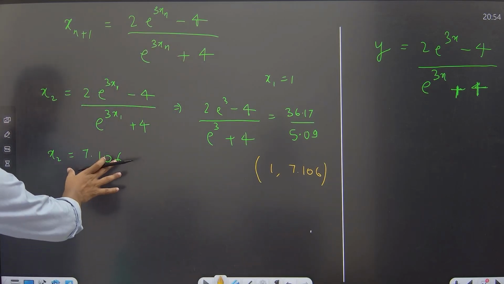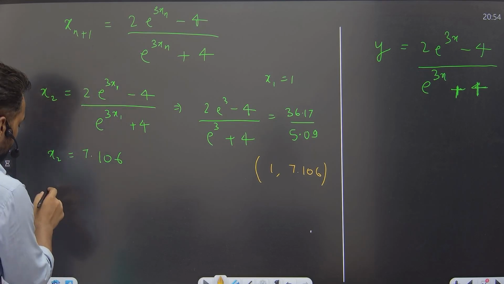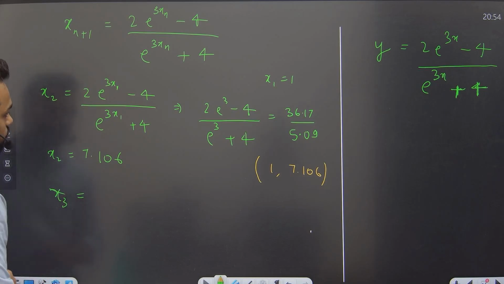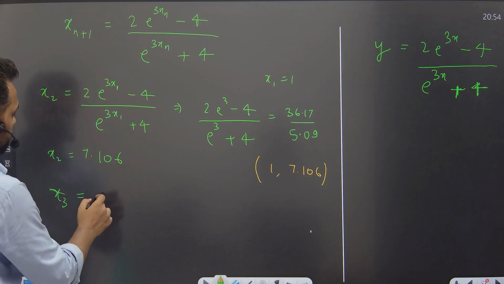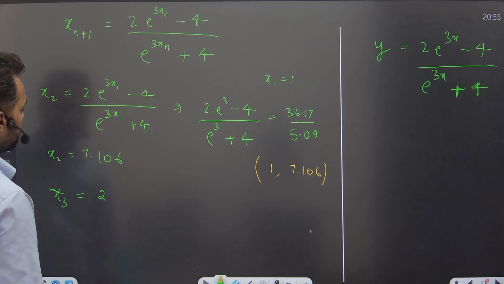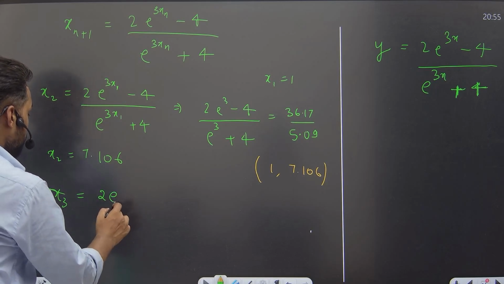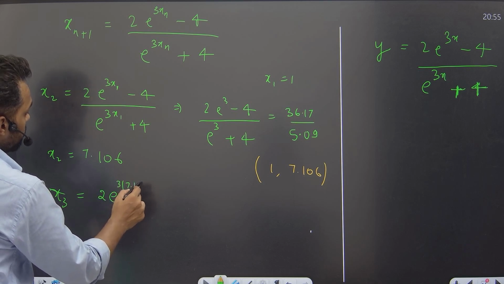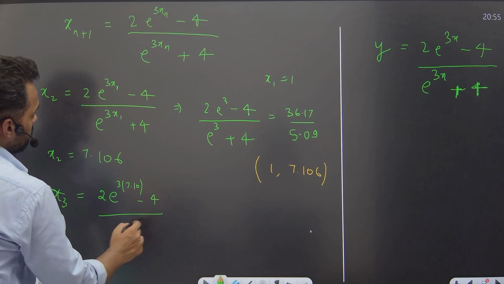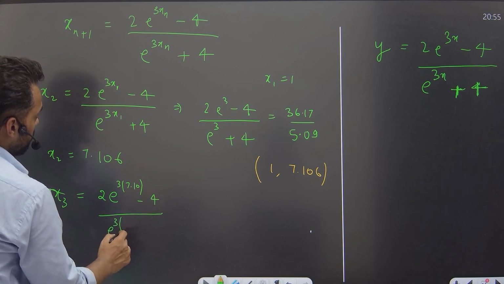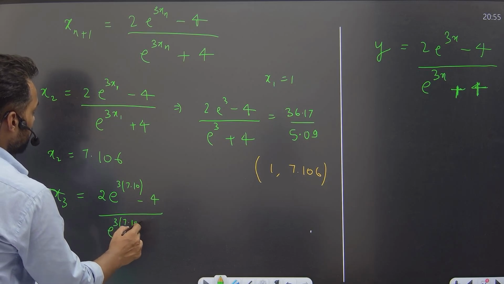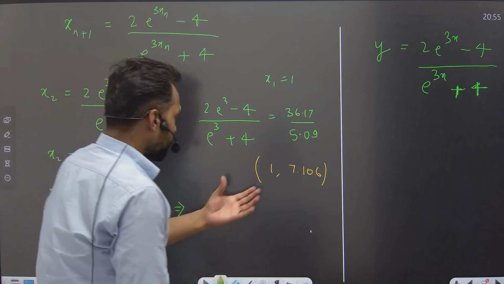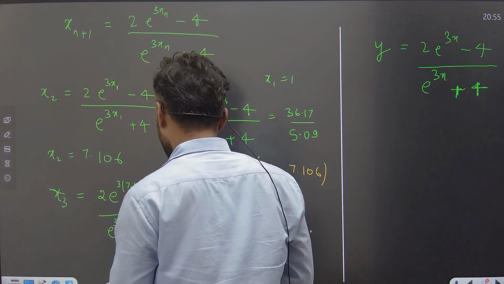Now if you plug the value of x2 in this particular equation, what will we get for x3? We'll get 2 times e^(3 times x2), 3 times 7.106, minus 4, upon e^(3 times x2) plus 4. So let's see what we are getting for x3.